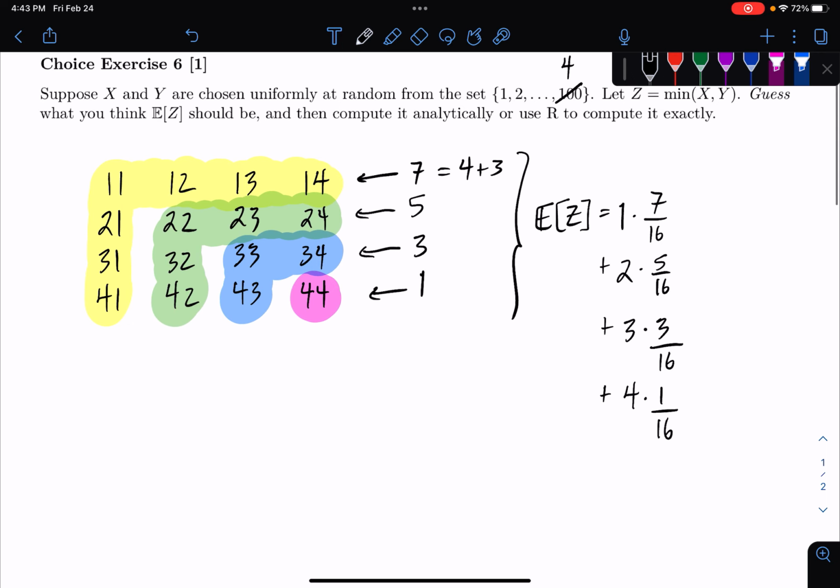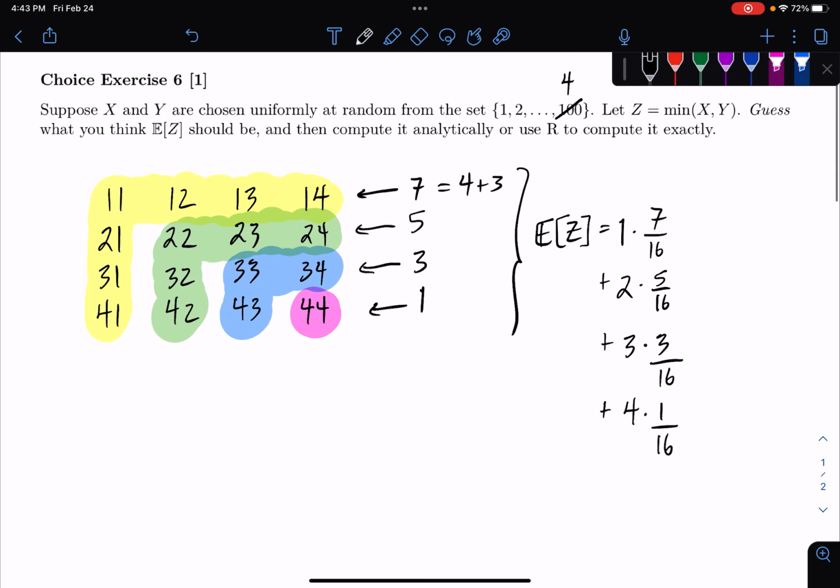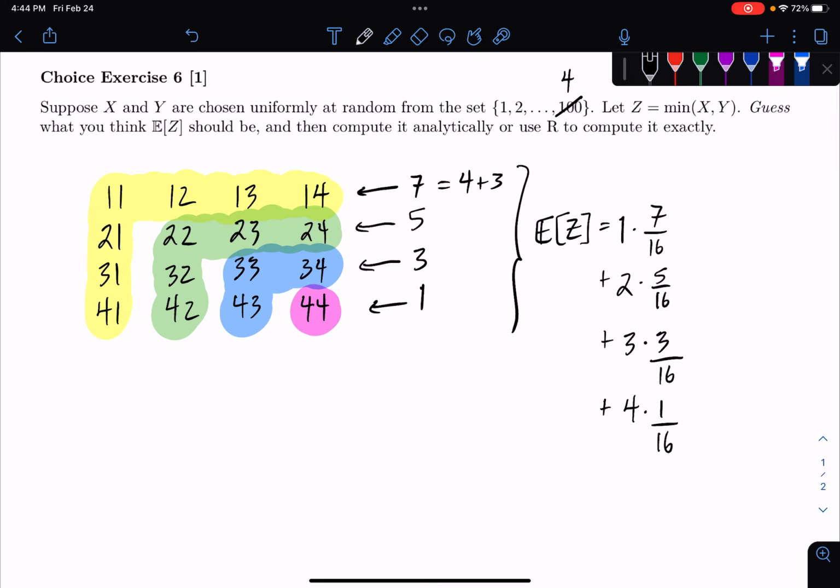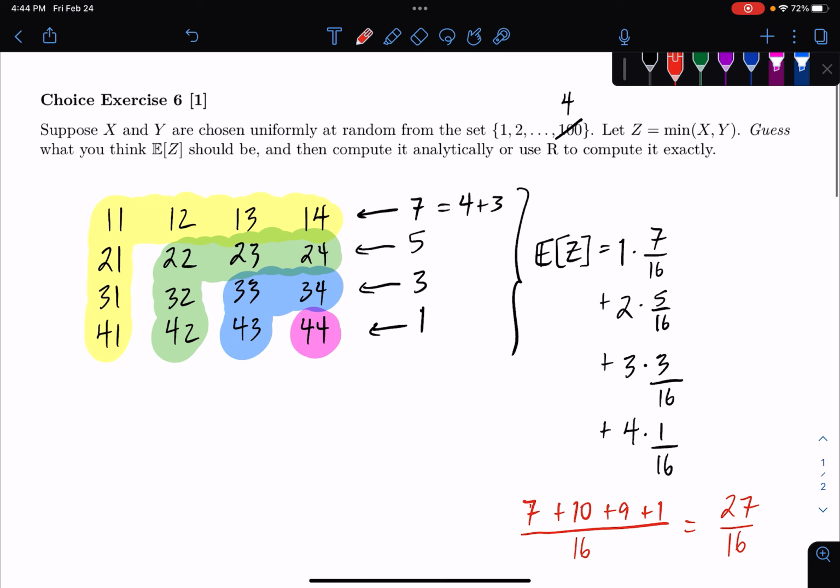Okay, so we can just add those up and figure out what the expected value of z is. I don't have a calculator here, so let's do this by hand. This is going to be 7 plus 10 plus 9 plus 1 over 16. Which we get some nice pairing. So this is going to be 27 over 16. Okay, this is obviously not for the problem we started off with, but this is for the case of 4.